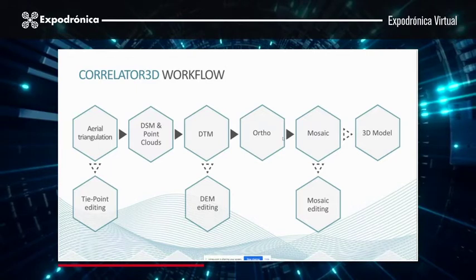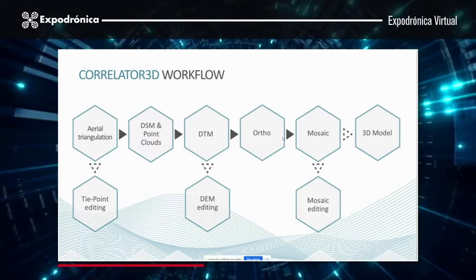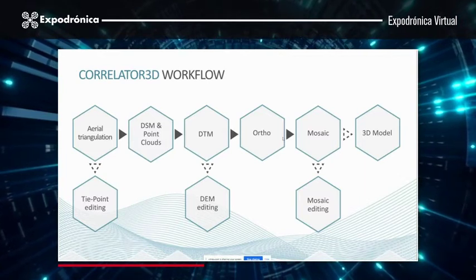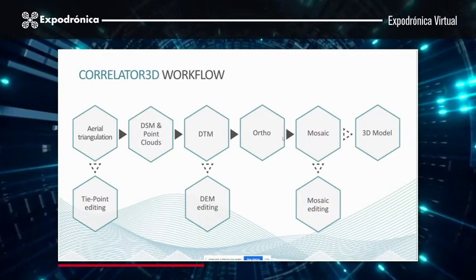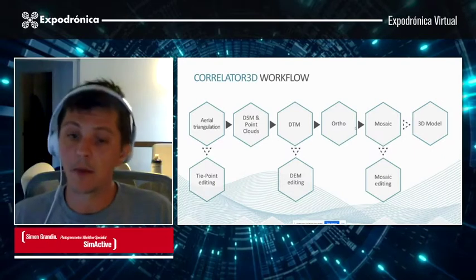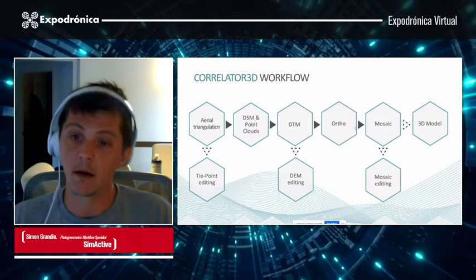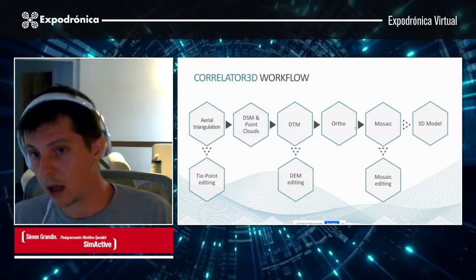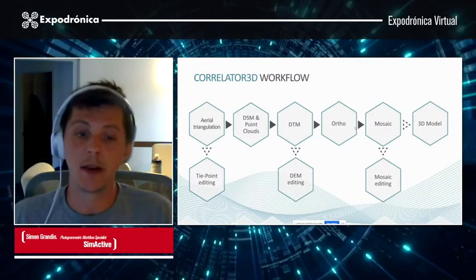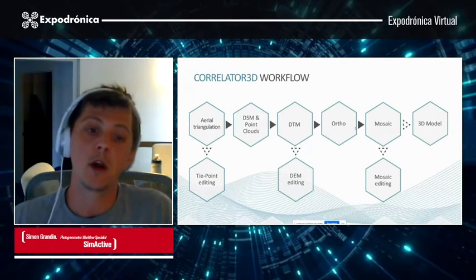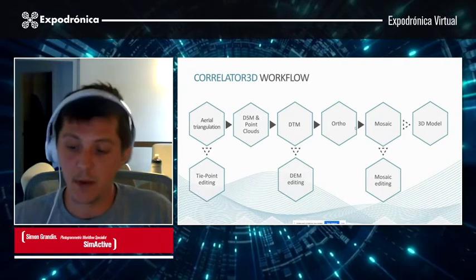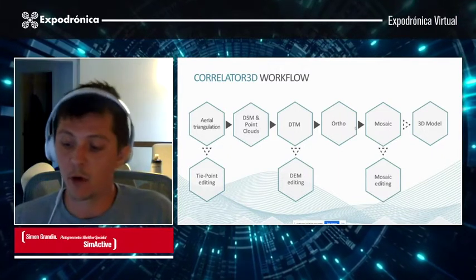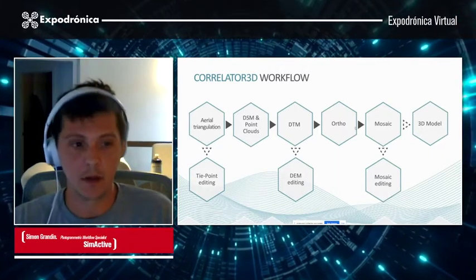Finally, we also have a mosaic editing module that allows users to edit the seam lines and also play with the color balancing of their mosaic to get the best mosaic possible with the input data. Also, we have a 3D generation module that allows generating textured meshes from the surface model and the input images, which can be stored in the OBJ format for visualization purposes.